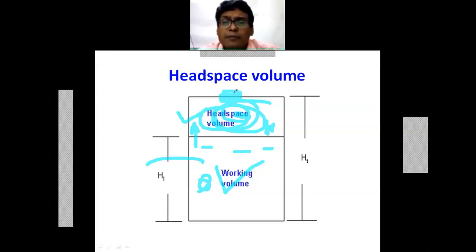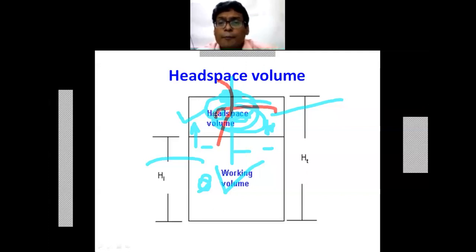Sometimes, operation-wise, whenever the head space is less or a certain high pressure is developed here, it is possible that you may end up with vapor leakages from the mechanical seal.